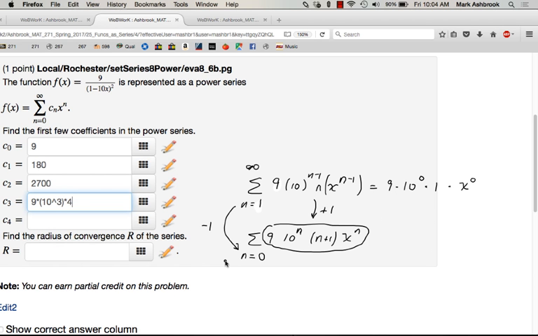Then I'll end up generating the same terms. So that was to make this part easier, because now I have x to the n in my formula rather than x to the n minus 1.